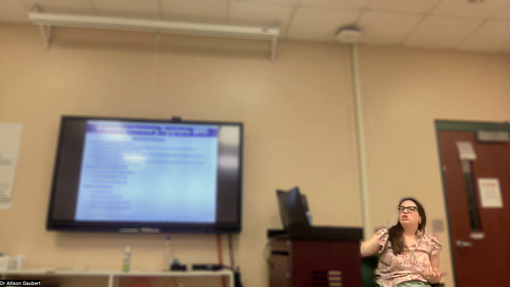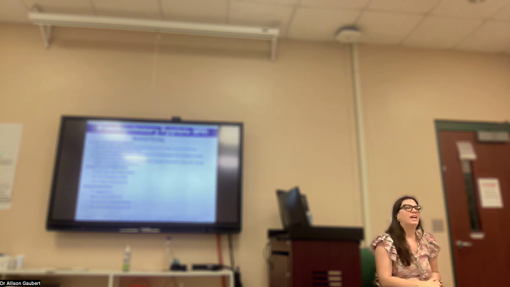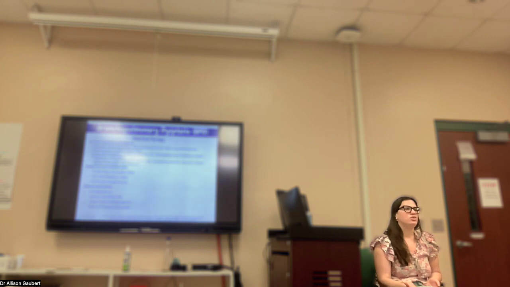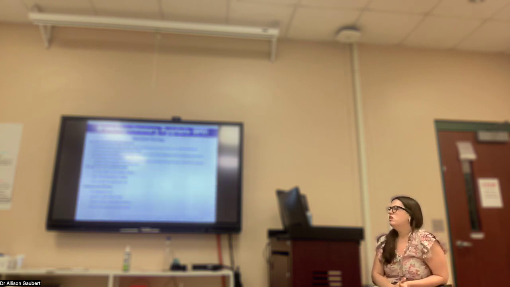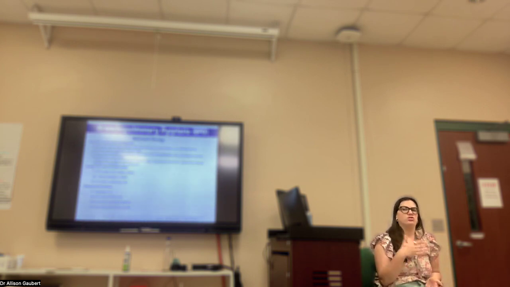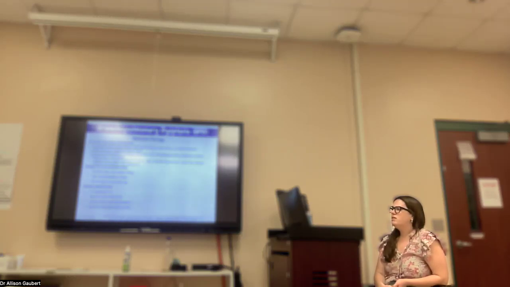All right. So for us, what we need to do is make sure that they are gaining weight and length appropriately according to their gestational age. So dietitians who are working with these babies would be using growth charts to assess their growth and development.